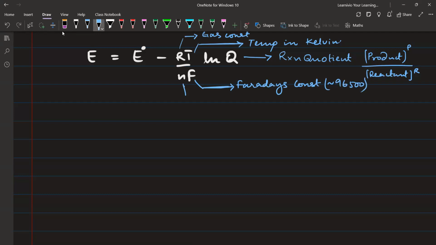First listen to this: n is the number of electrons. E naught is the E naught of the cell, and this is the EMF of the cell. Write it down now.